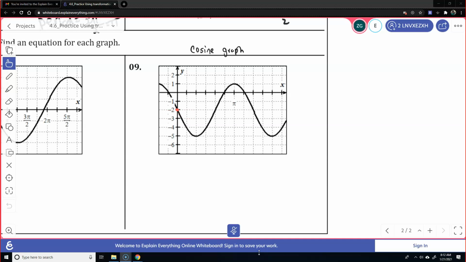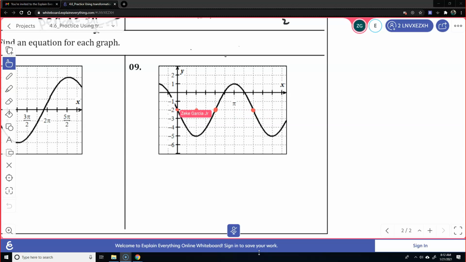It starts here. And no, it's not cosine. I apologize. It is sine. Let me erase this. It's a sine graph. We know that it starts here. It goes to a min. It intercepts here. It goes to a max. It intercepts here. And it ends here.